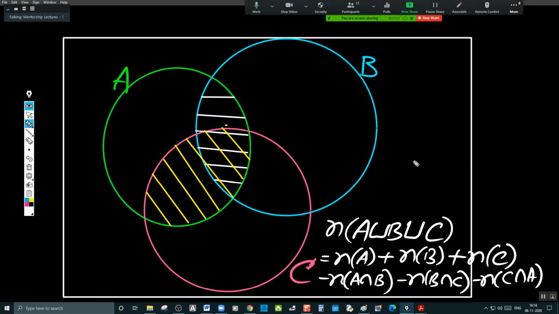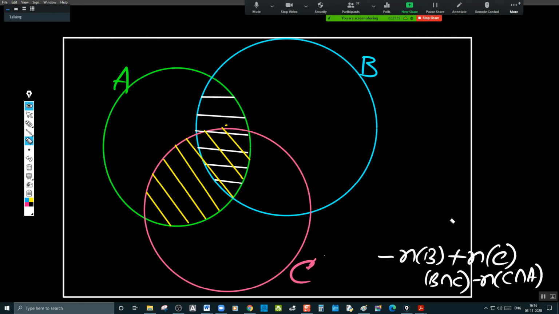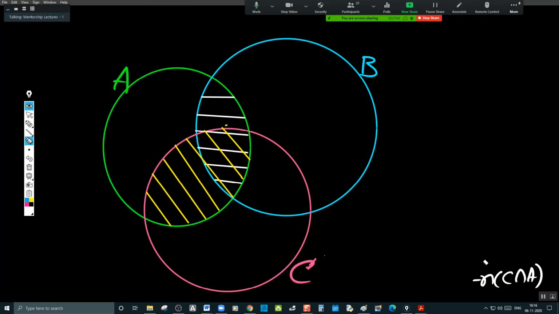So let me write the formula more clearly about this diagram. Just follow this carefully, please, every one of you. What is that we are understanding? We understood the union of two sets, A union B, already.